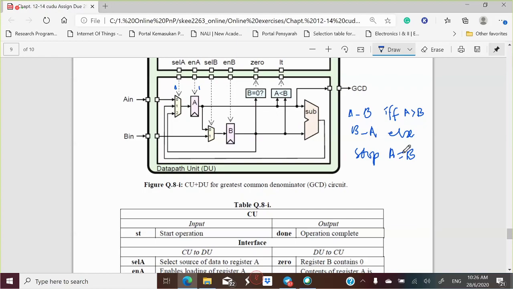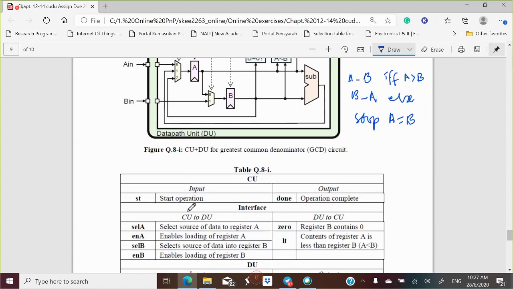It's not when A equals B, but because how do you get 0 is when A equals B, A minus B is 0. Now, I don't know why they got 3 here, 0, 1, 2. The 2 is for the register B. So the value from B goes to A because when you are swapping the A and B.